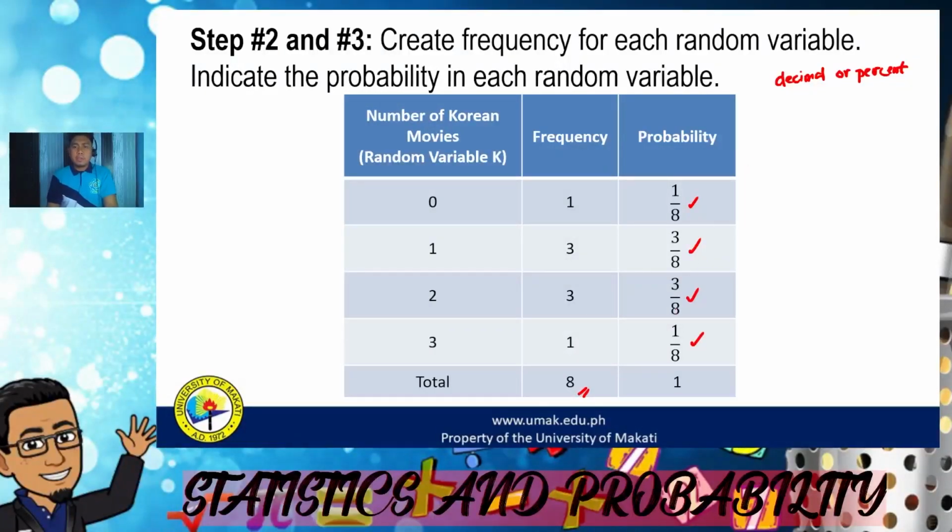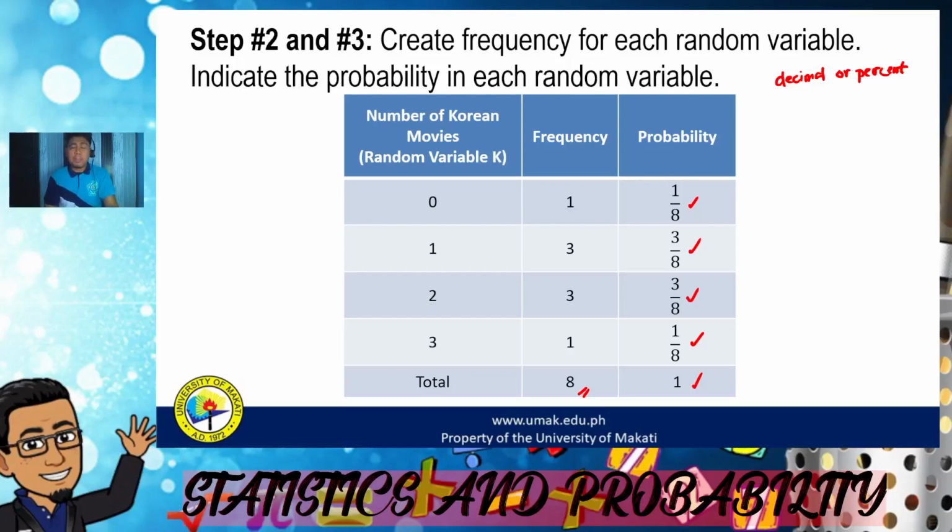Alright, so the first property of probability: the total of all probabilities is equal to 1. So if you add 1/8, 3/8, 3/8, and 1/8, your total should equal 1. Always po yan. Lahat ng total ng probability is always 100%.